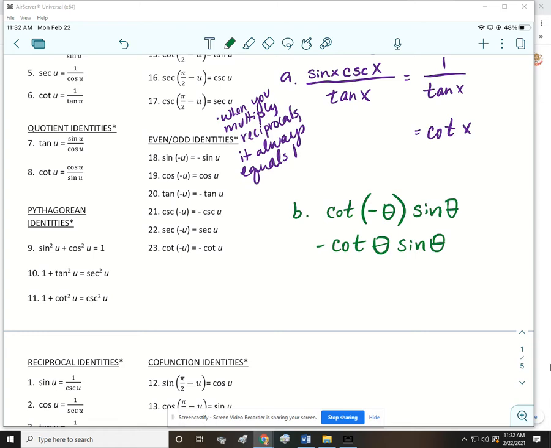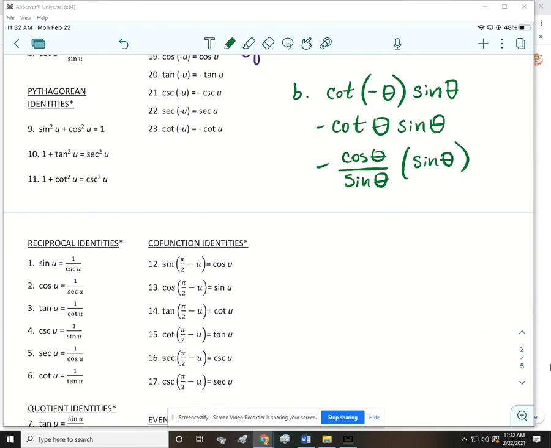For what we have in this problem, it's wiser to change cotangent of theta to cosine of theta over sine of theta. We are multiplying that by sine of theta. The sine of theta cancels out, and we're just left with negative cosine of theta. That is the answer. That is the most simplified form.